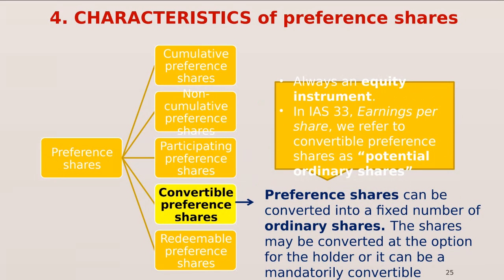So if we look at this specific type of preference share, they're critically important for EPS, right? The topic that we've already started today, and that we're going to continue on Thursday, is convertible preference shares, which are very important. Convertible preference shares are all about the fact that in the future, these shares can potentially become ordinary shares.